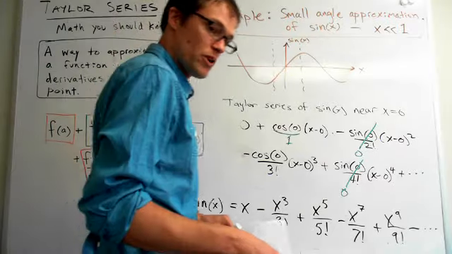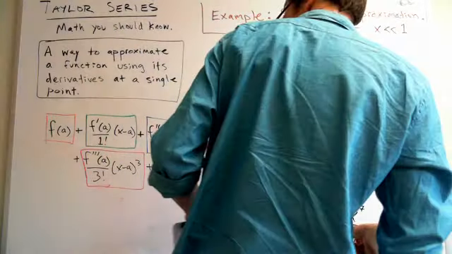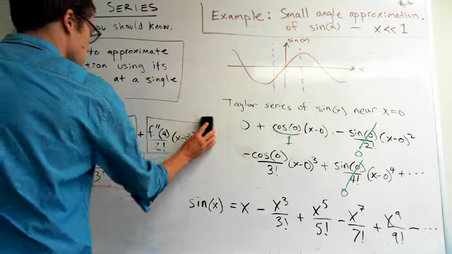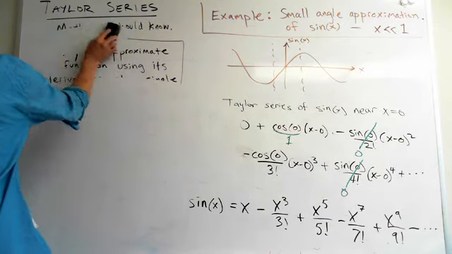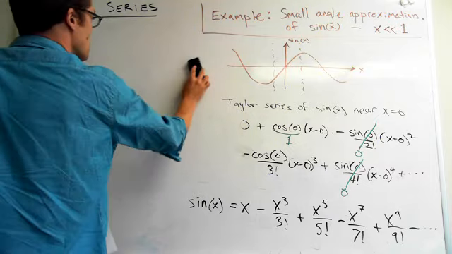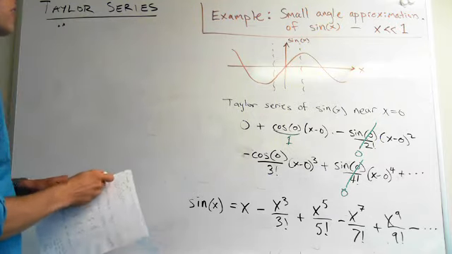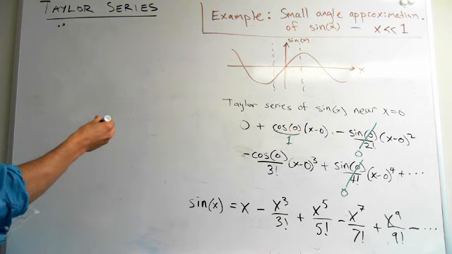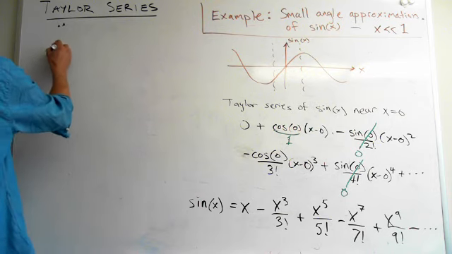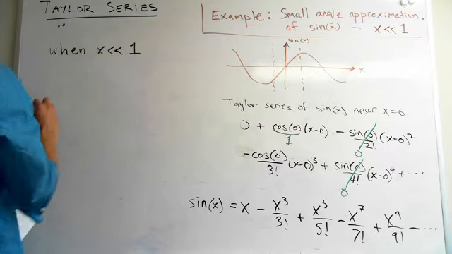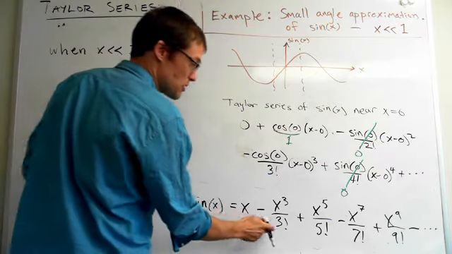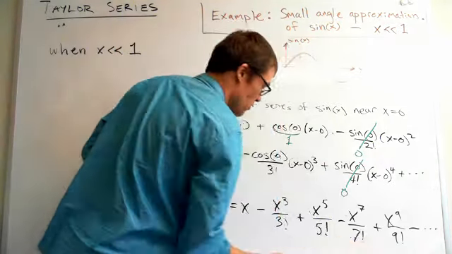So then what is the small angle approximation? Let me just erase some of this over here. So the small angle approximation, when x is much less than 1, then these terms are getting progressively smaller and smaller, right?